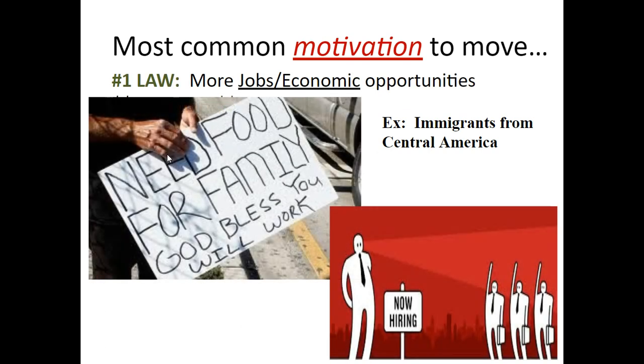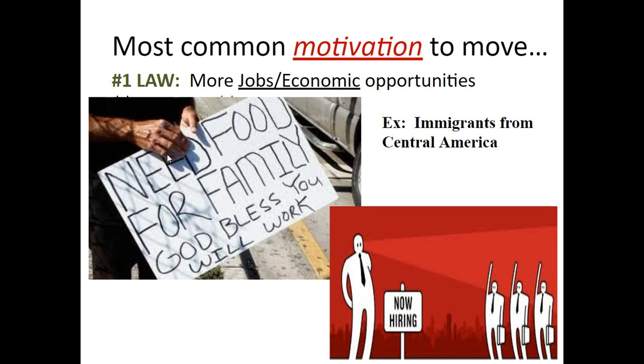So the biggest reason to move, number 1, is for jobs and economic opportunity. An example would be all of the immigrants from Central America that we're receiving right now. Those are places that have not been able to provide steady employment. So people are moving towards the United States, hoping that they could find employment here.